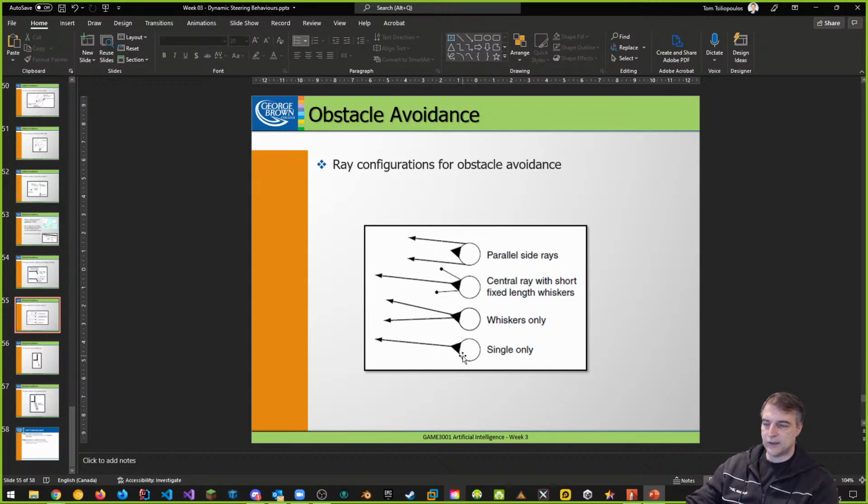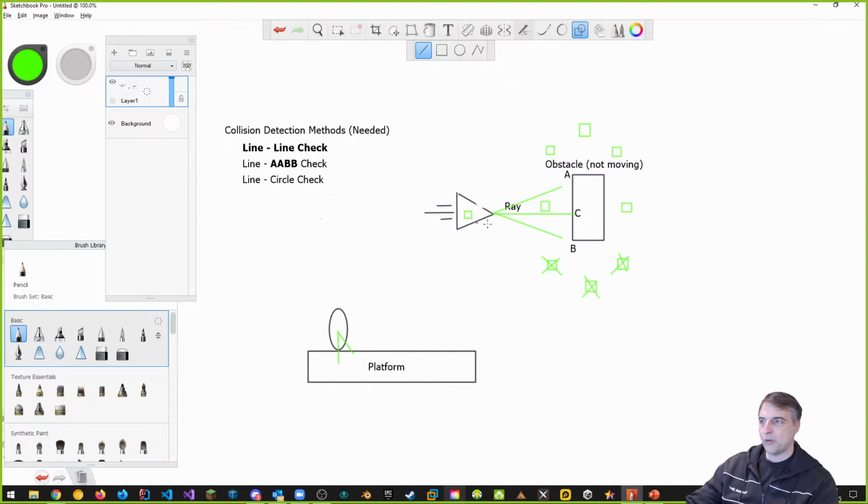Even a single ray can be made to work, right? Going back to here, if I use a single ray, the immediate moment my center ray hits an object, I slow down. I cut my speed to half or a quarter of my speed, as an example.